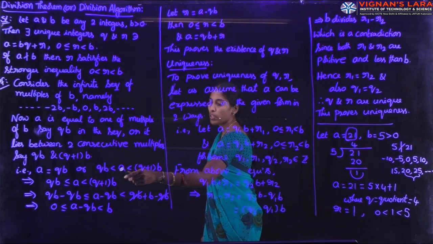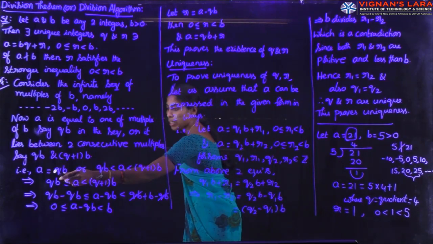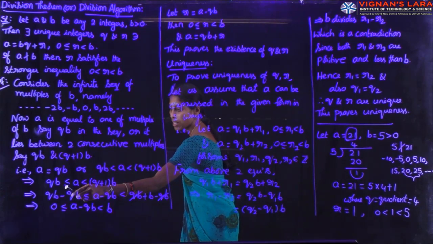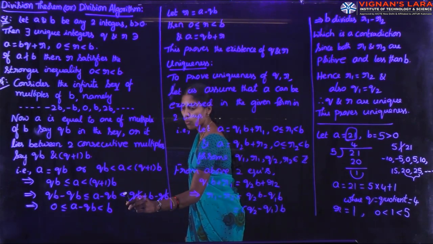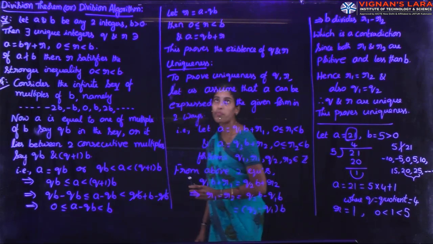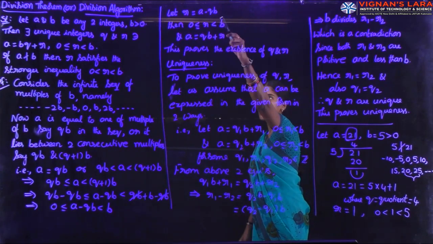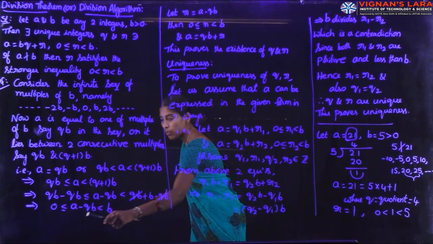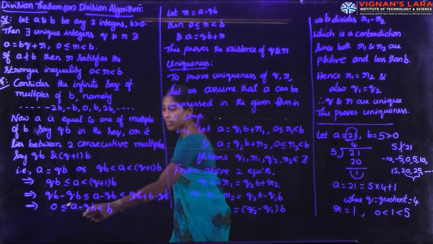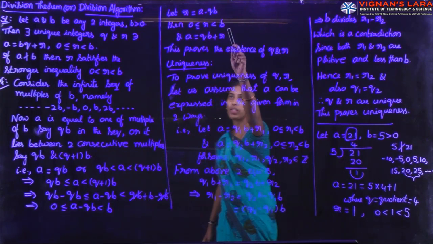QB value is less than A, less than (Q plus 1) into B. So by combining these two, it becomes less than or equal to, write this as it is. So only we get less than. Now let R is equal to A minus QB. Then if we take this value as R, it becomes 0 less than or equal to R less than B, right?